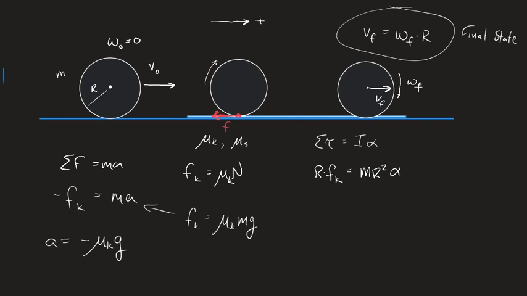It's slipping. This is still going to be mu k mg equals mr squared alpha. I'm going to solve this for alpha. Canceling the m's, and I can cancel one of the r's, I get mu k mg over r.